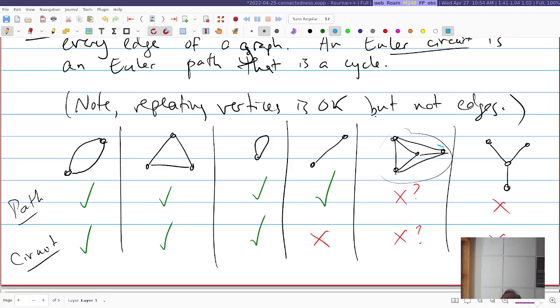If I start here, if I go along here, I'm not stuck. I can leave here, right? But now this edge here is the only edge left. I'm not stuck here, so let's go this way. I'm still not stuck. And then, but now I'm stuck.